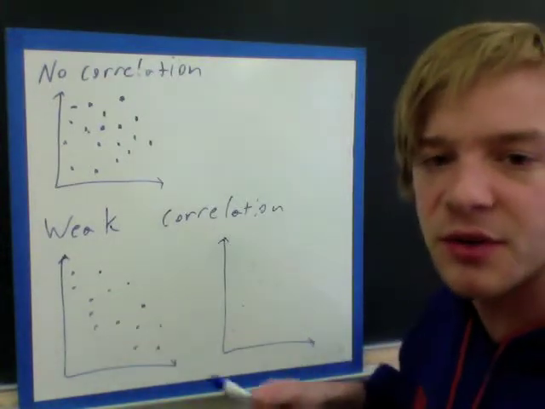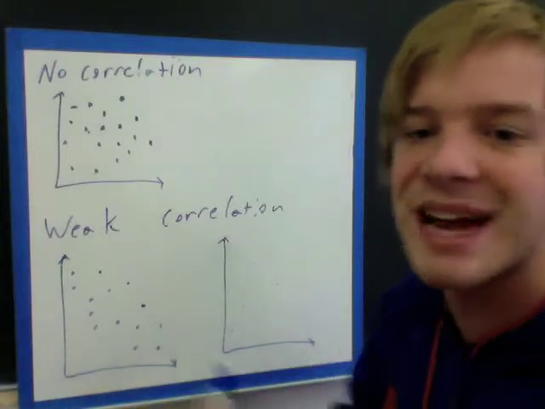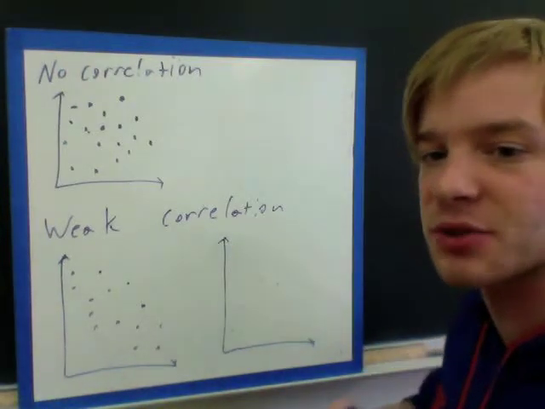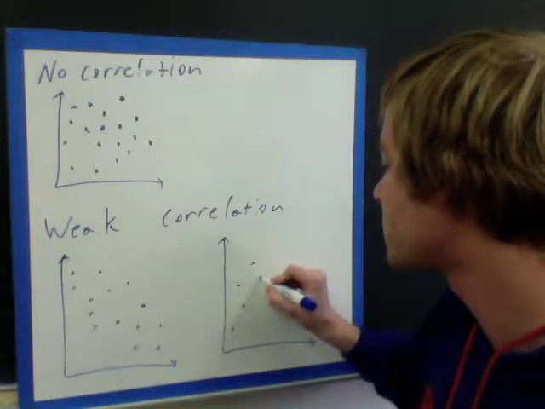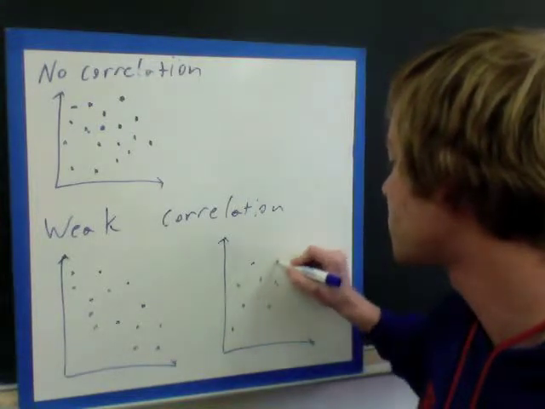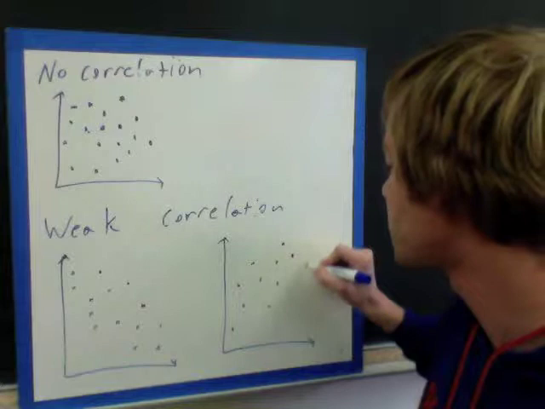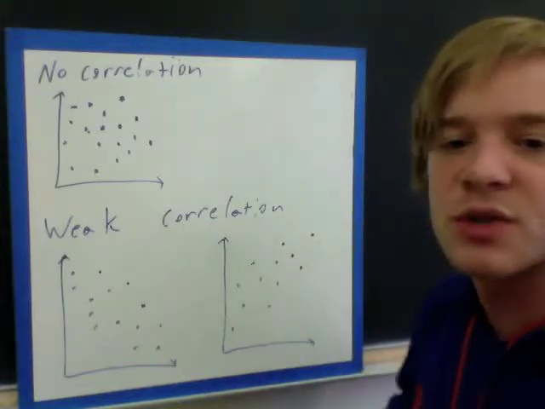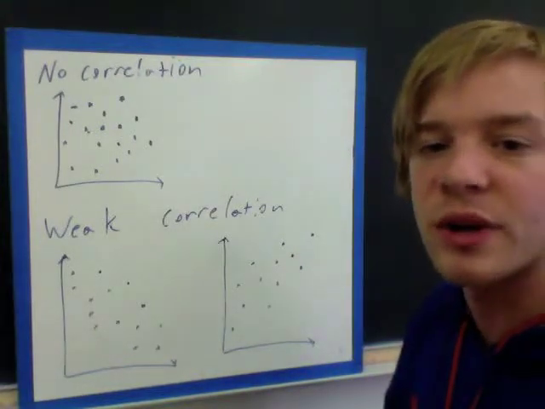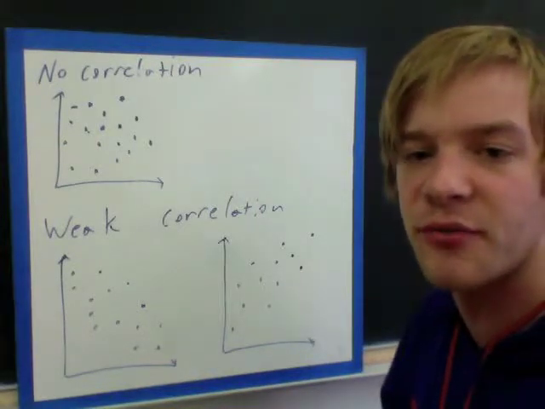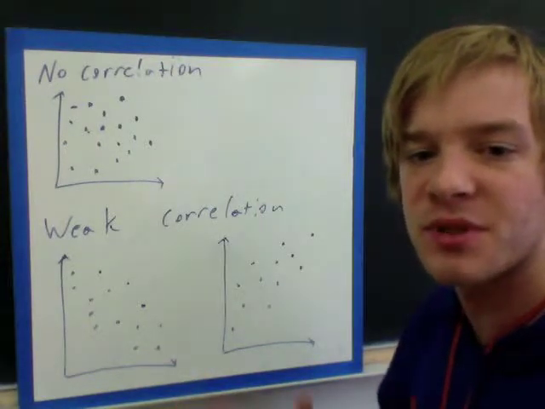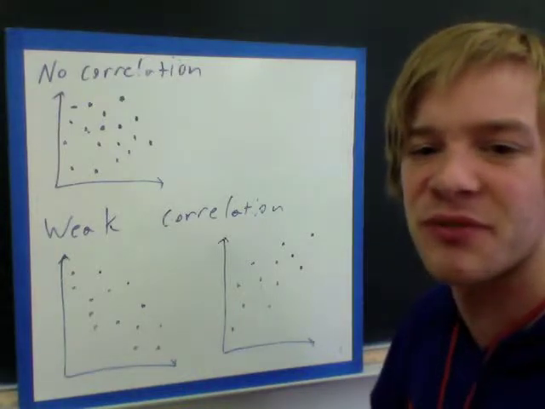Our line can start to correlate down. It can also start to correlate up, as I'll show you here. Both of these graphs are weak correlation because while we can tell that the lines are starting to form, the points are still pretty far apart.